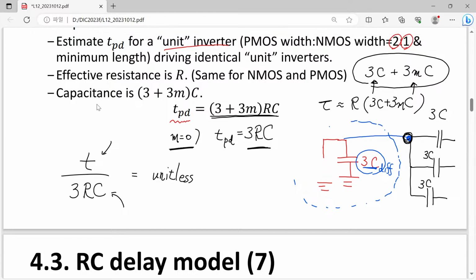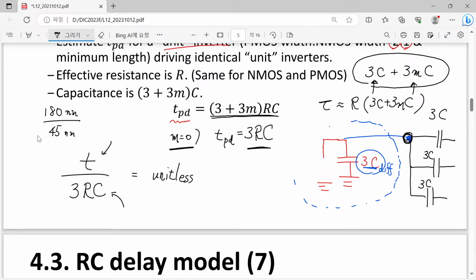For example, let's think about this one. You are using 180 nanometer scale, or sometimes you can use 45 nanometer scale. So you are now using two different technologies. This is quite cheap and this is relatively more expensive.